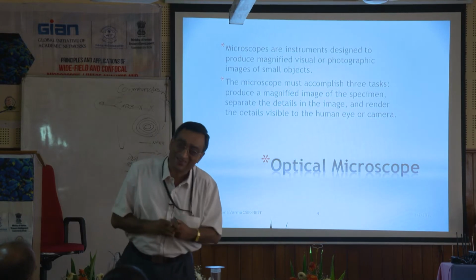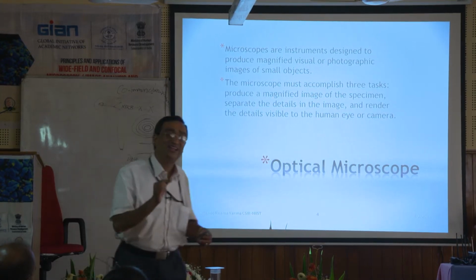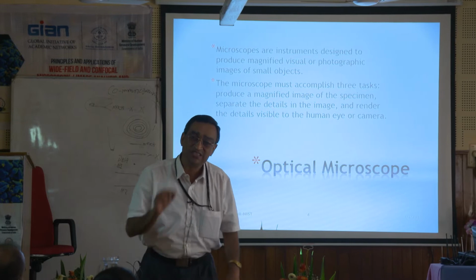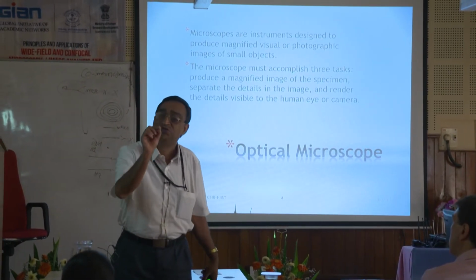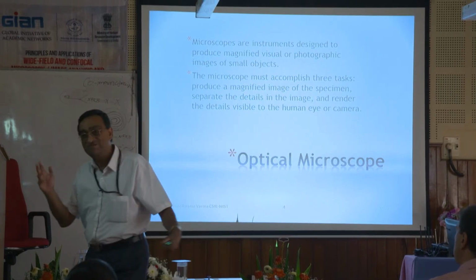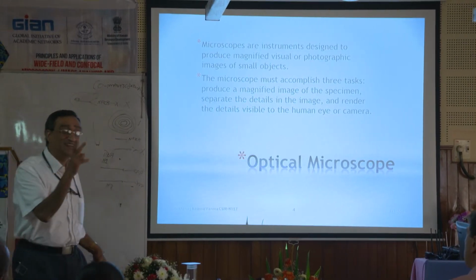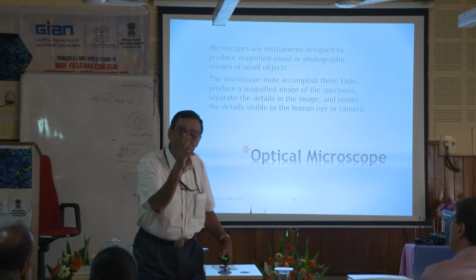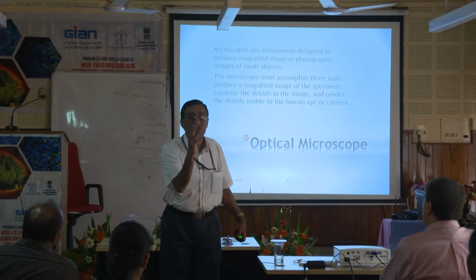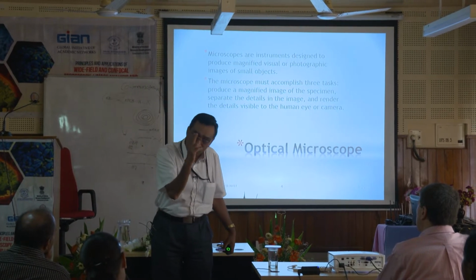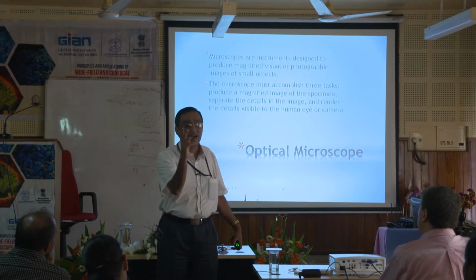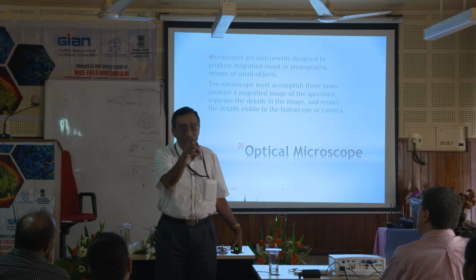Why it is called a microscope is that the resolution you achieve using this microscope is of the order of 0.2 micrometers, whereas your eye has a resolving power of 0.2 millimeters. If two objects are at a distance of 0.2 millimeters, your eye will be able to say we have two objects.